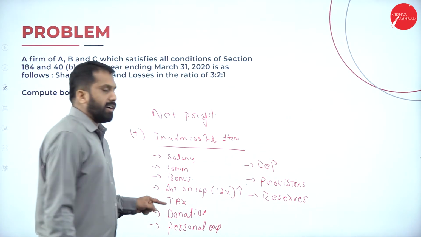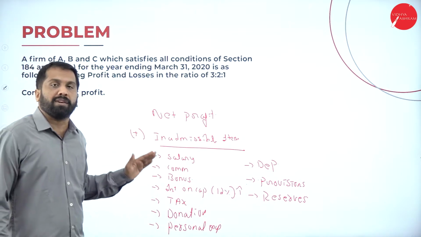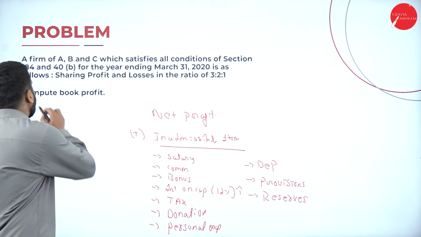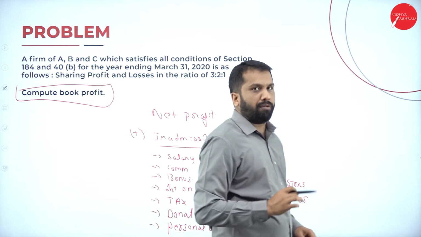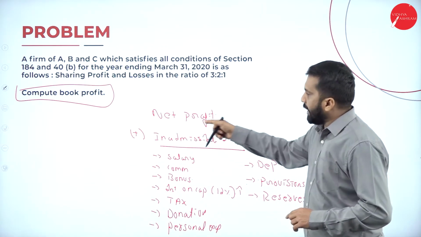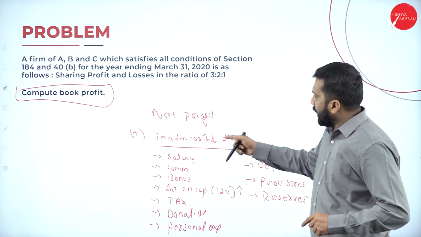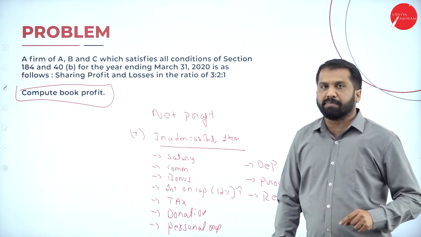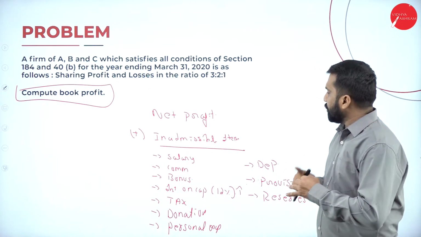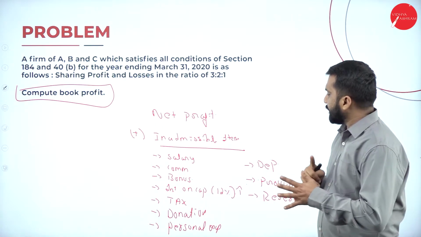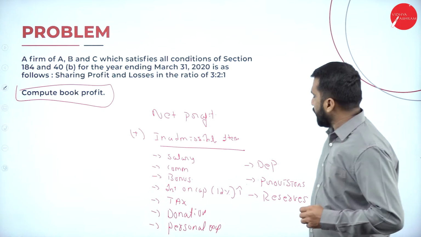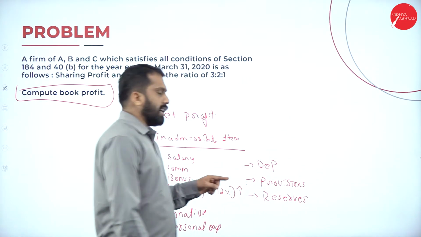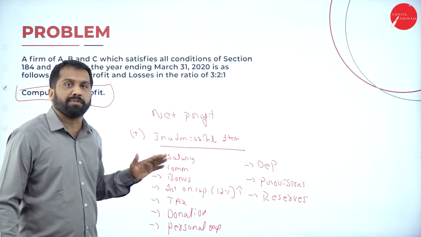These are the things you are supposed to add. Why are we doing all this? To find out your book profit. If you want your book profit, you take net profit, add all the inadmissible expenses like salary, commission, bonus, interest on capital, tax, donation, personal expenses, depreciation, your provisions and reserves. These are the things we are supposed to add.